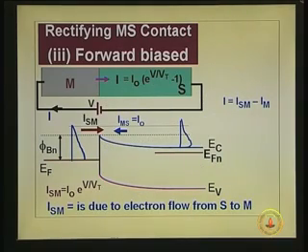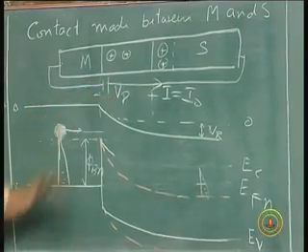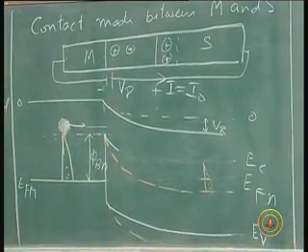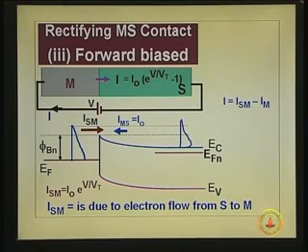I do not have to redraw that. When you forward bias, the entire thing has shifted up from the thermal equilibrium situation. The conduction band goes up, and the Fermi level has gone up from the thermal equilibrium situation by an amount equal to the applied voltage. Is that clear enough?